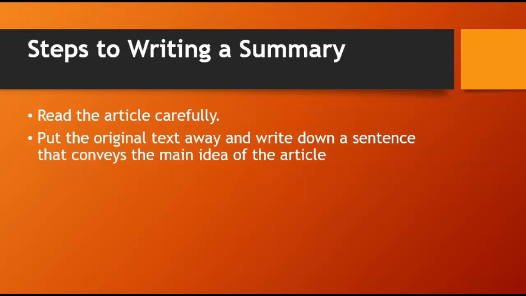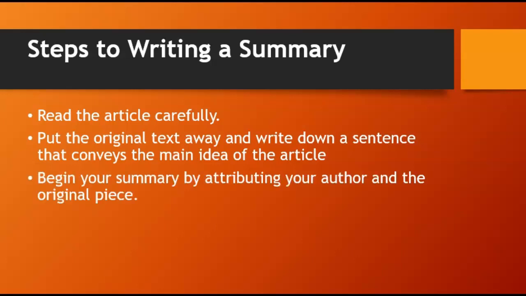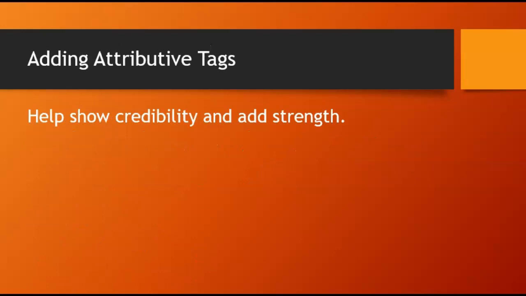In the same way, continue writing the other highlighted ideas in your own words. Begin your summary by attributing the author and the original piece. I will talk about attributive tags on the next slide. Keep the summary short and concise.